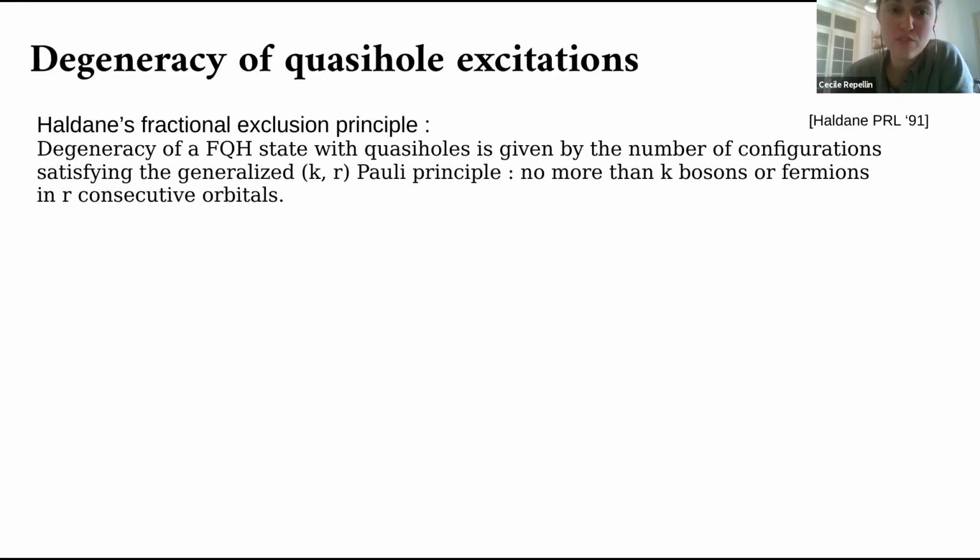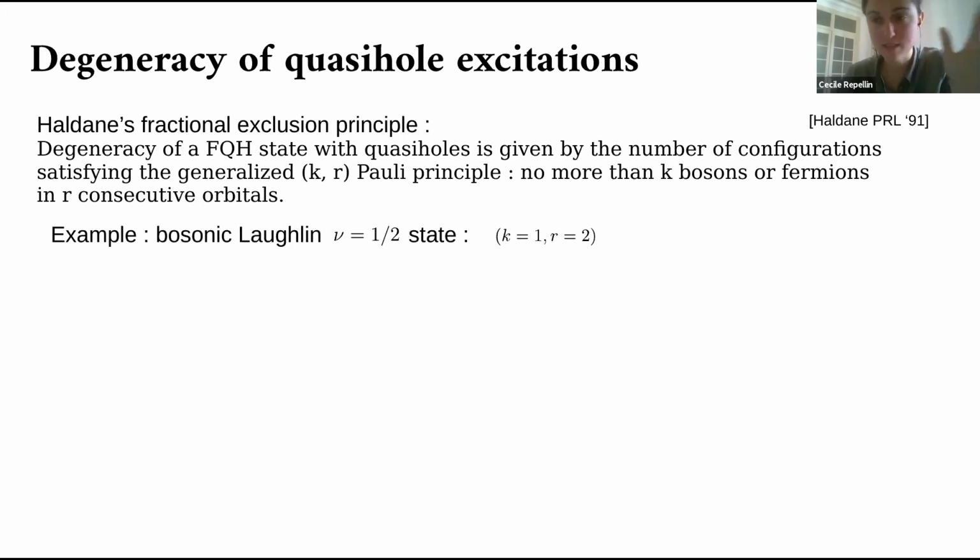And this comes from Haldane's fractional exclusion principle, which tells you that you can predict this degeneracy by counting the number of configurations with no more than k particles in R consecutive orbitals. So it's a little bit like a Pauli principle, where you cannot have more than one fermion in one orbital, but here it's generalized to a few orbitals in a row.